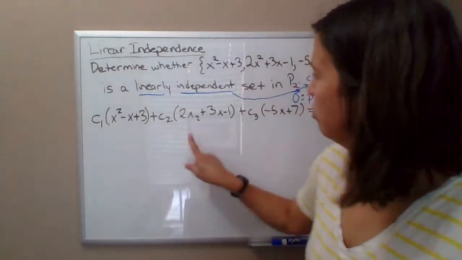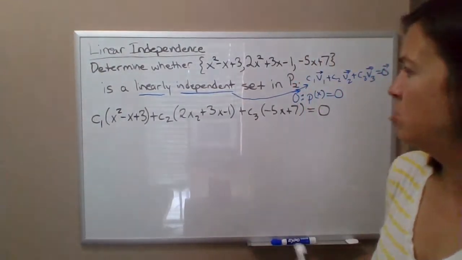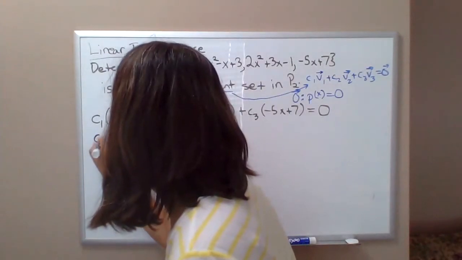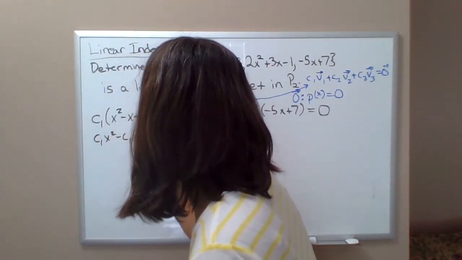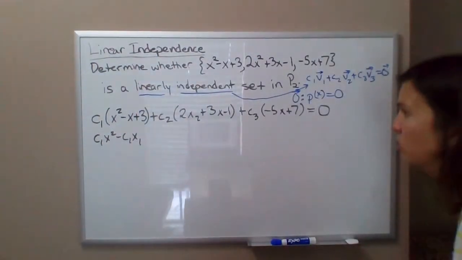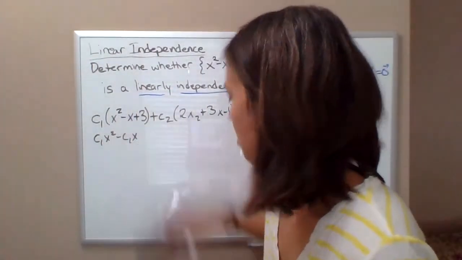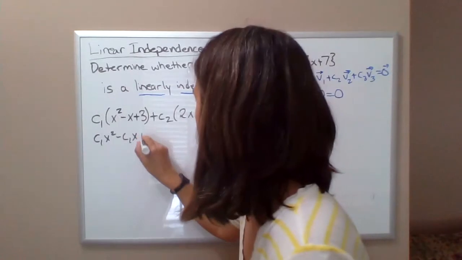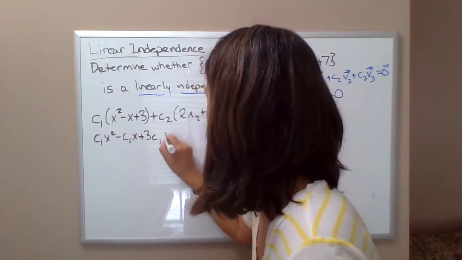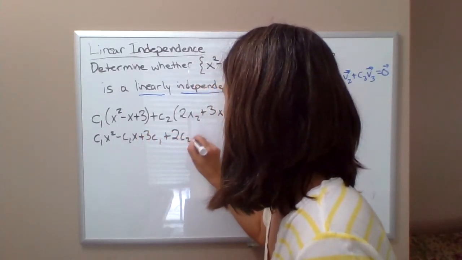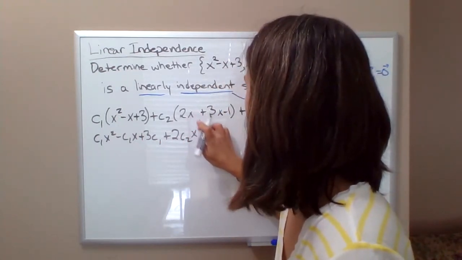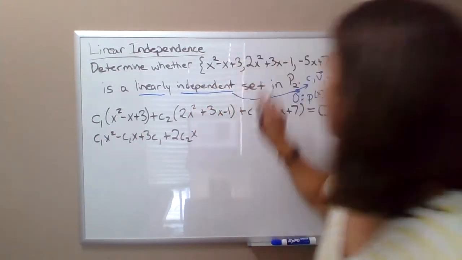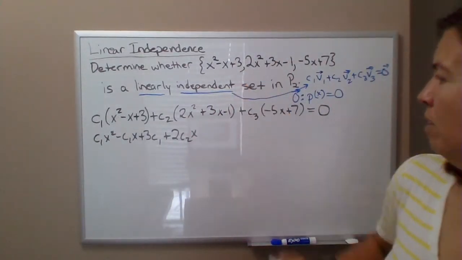So now say you distribute your scalars, C1, C2, C3. So C1 x squared minus C1 x, not x1, just x, plus 3 times C1, 2C2, and I did it again here, sorry guys, this should be 2x squared here.